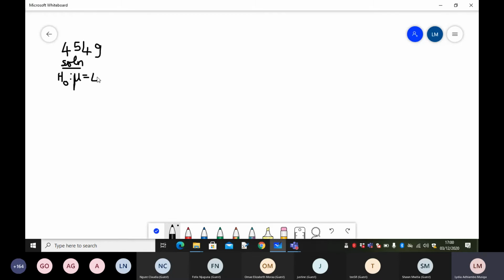So you, as the statistician, have identified what the null is, that the mean is 454. This is the assertion by the company, and it is the hypothesis to be tested for rejection. So this is what the company is claiming.